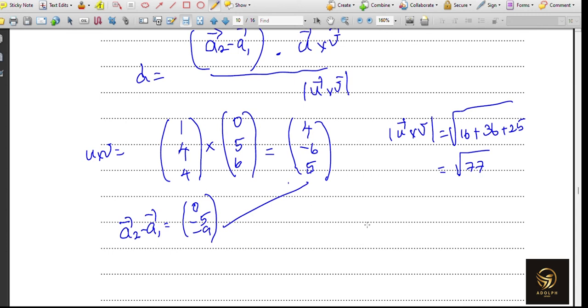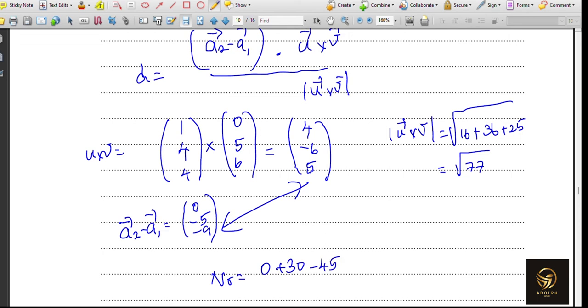And if I find the dot product, because you can see that in the numerator a2 minus a1 dot u cross v, I will get the value of the numerator as 0 into 4, 0, negative 5 into negative 6, it is plus 30, and negative 9 into 5 is negative 45.